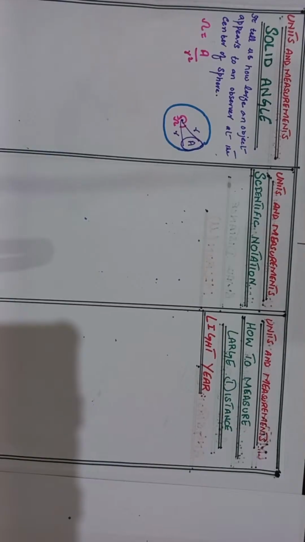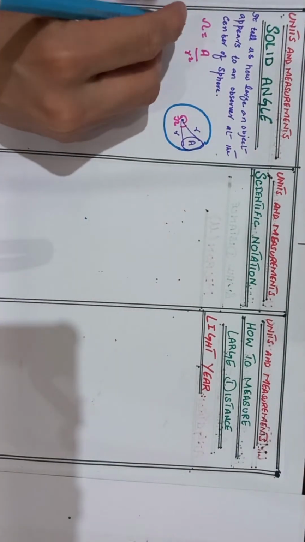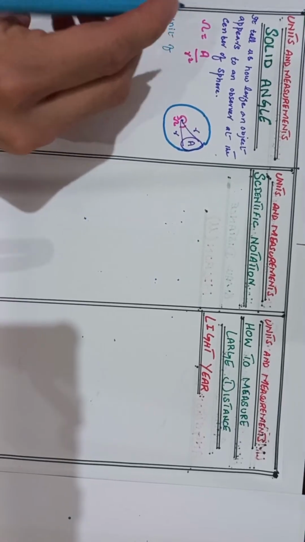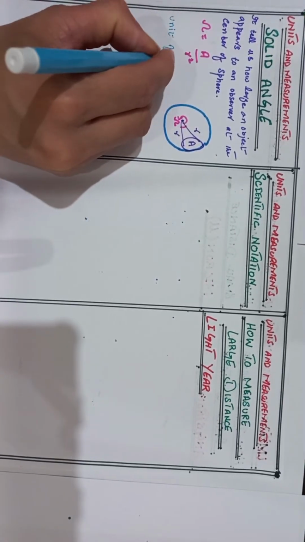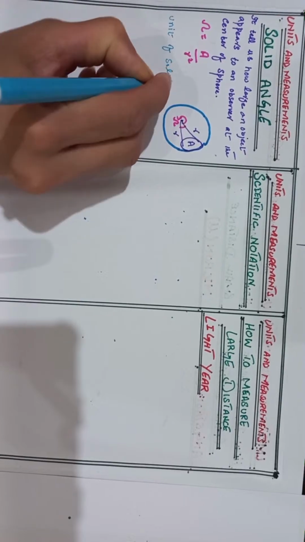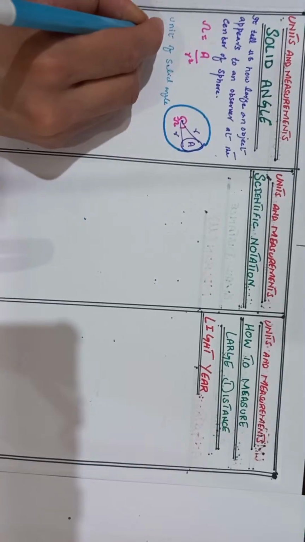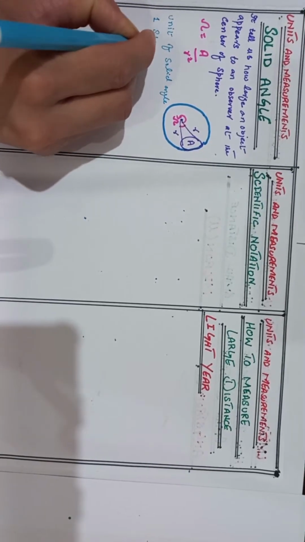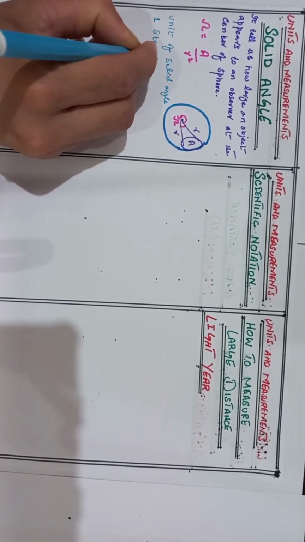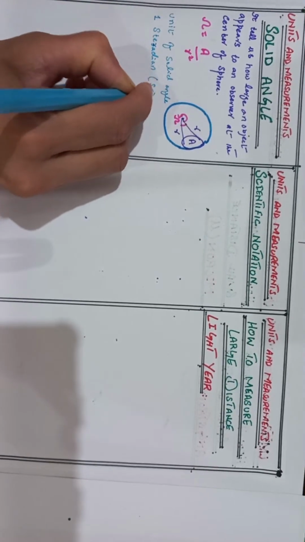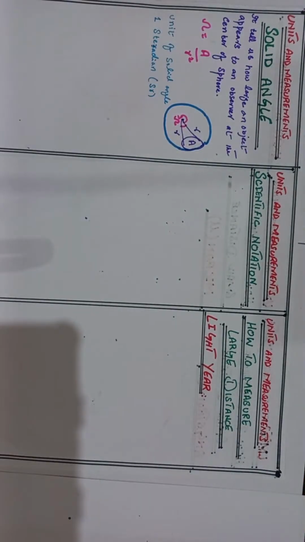The unit of omega is 1 steradian. The unit of solid angle is 1 steradian. In short form we write it as sr.